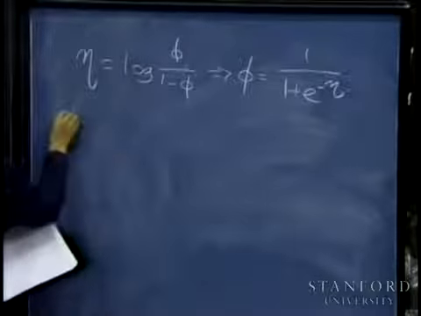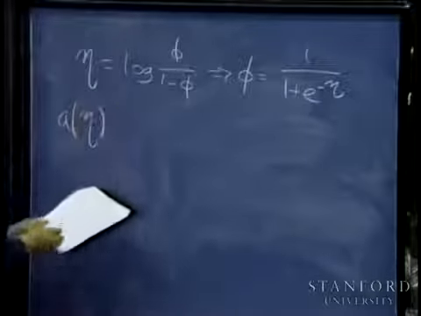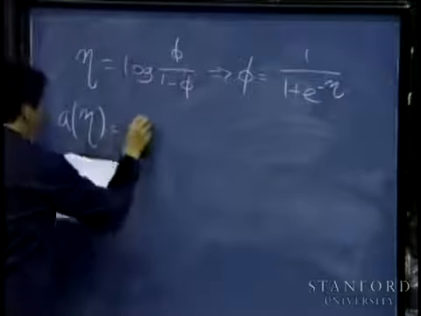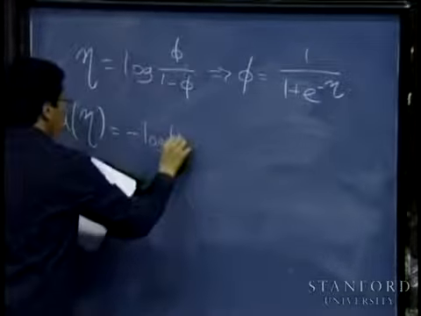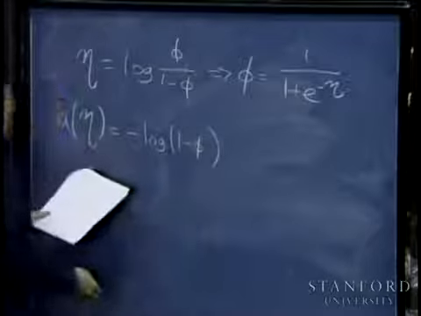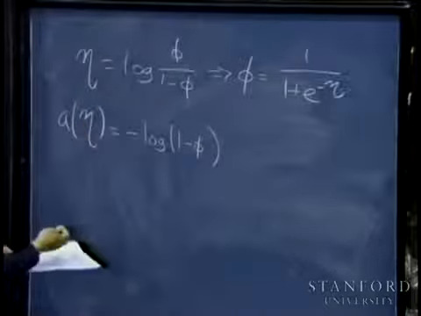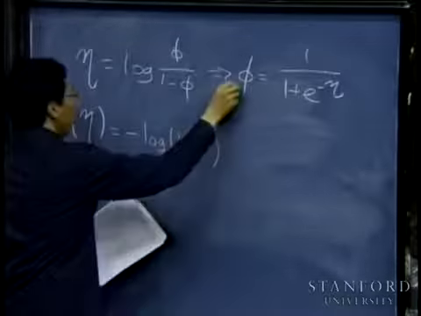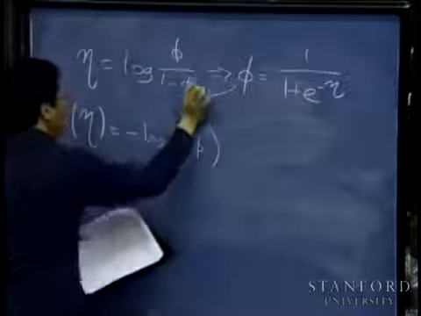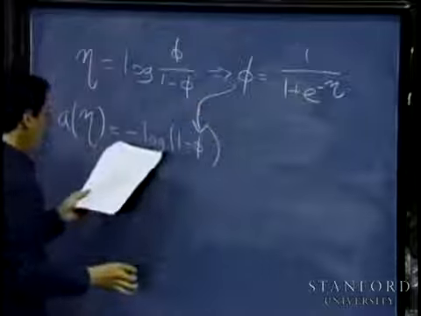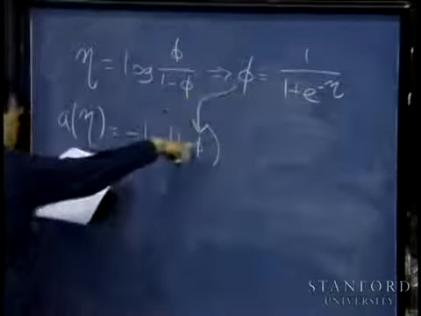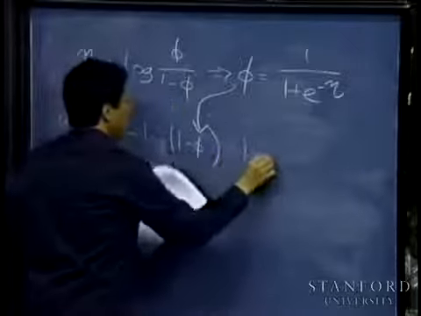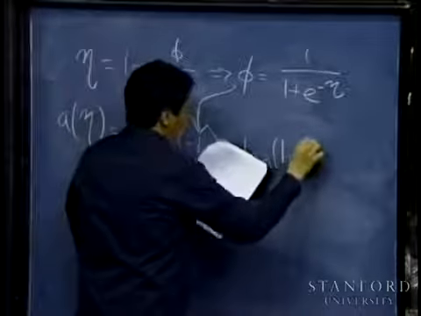Again, copying definitions from the previous board, a of eta, I said, is minus log of 1 minus phi. So phi and eta are functions of each other. Eta depends on phi, and phi depends on eta. If I plug in this definition for phi into that, I'll find that a of eta is therefore equal to log of 1 plus e to the eta.